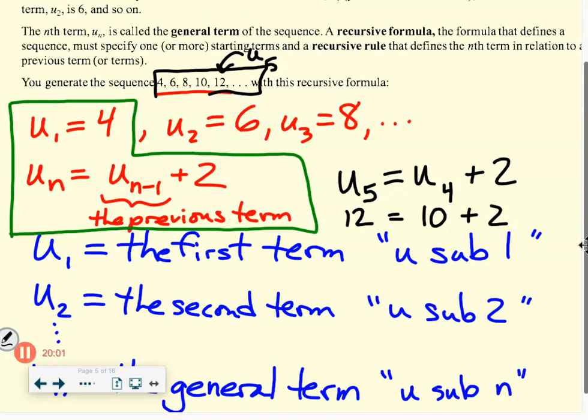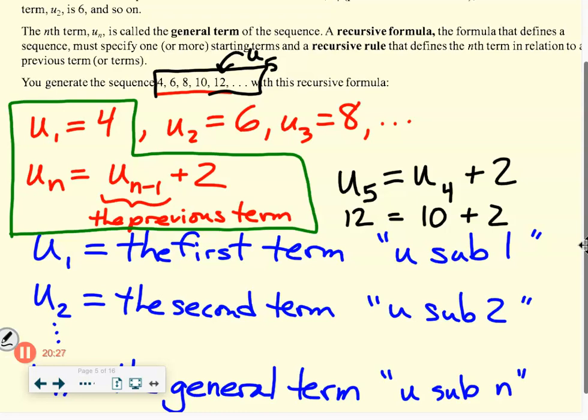Well, if you let n be 5, that's the current term you're on, what's n minus 1? 4. So the 5th term is equal to the 4th term plus 2. Does that make sense? So if u sub n means any term, u sub n minus 1 means the term right before it.